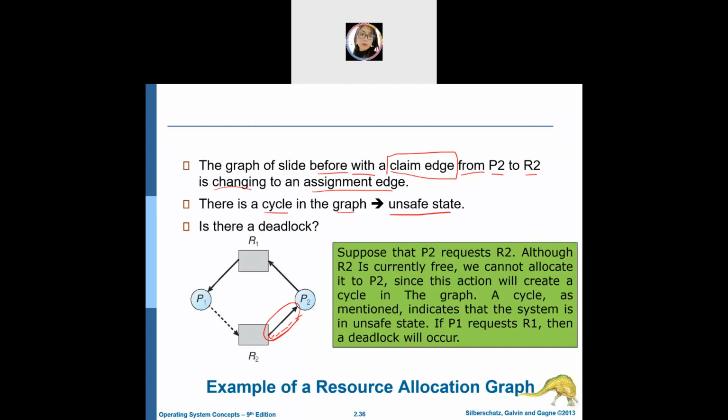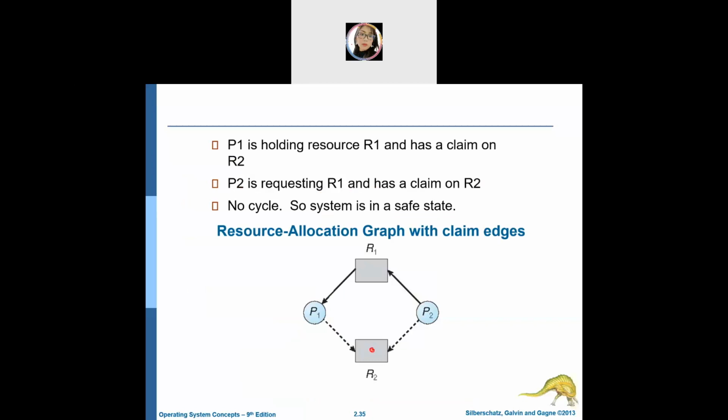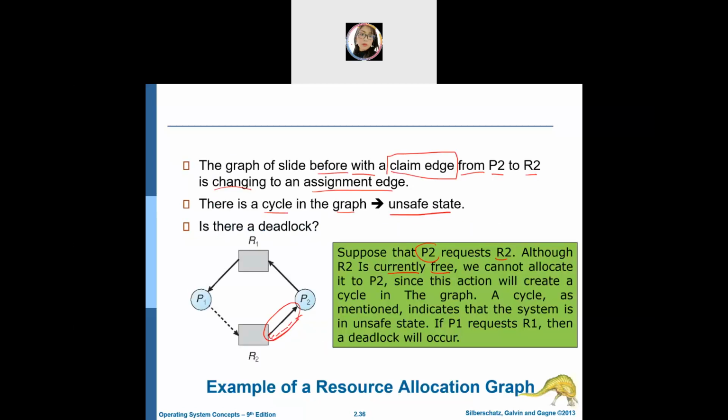It is a deadlock state. So supposedly your P2 requests R2. Although R2 is currently free, because it was not owned yet just now, right? It's not owned yet by either P1 or P2. It was just a claim. But now it is owned by P2. Although it is currently free, we cannot allocate it to P2, since this action will create a cycle in the graph.